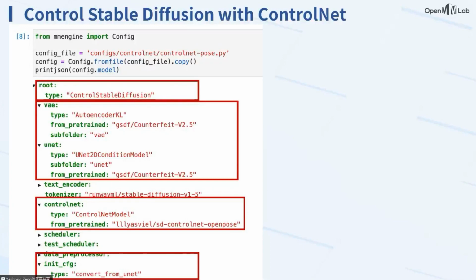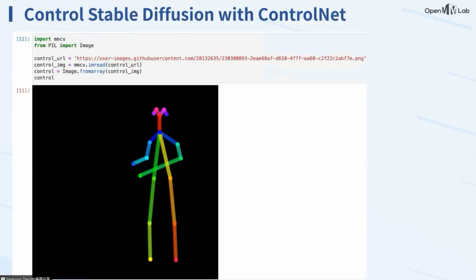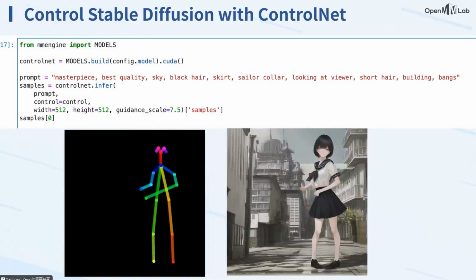We can use different ControlNets to load different conditions. And here is the test result. We can also just use several lines to perform such an inference.